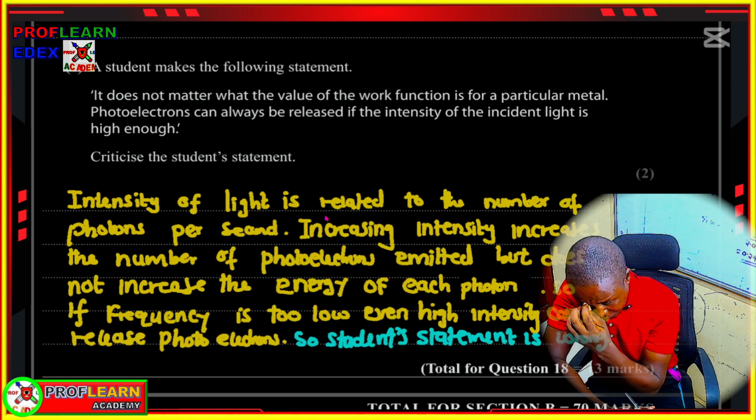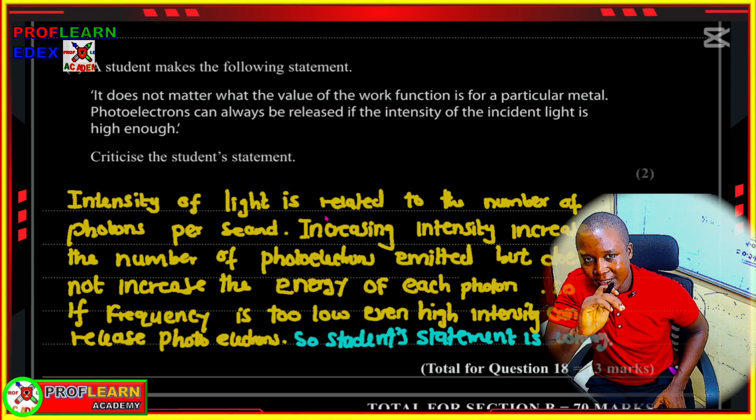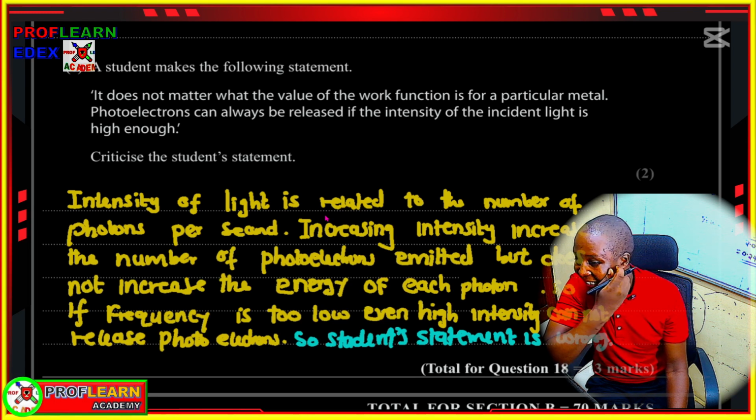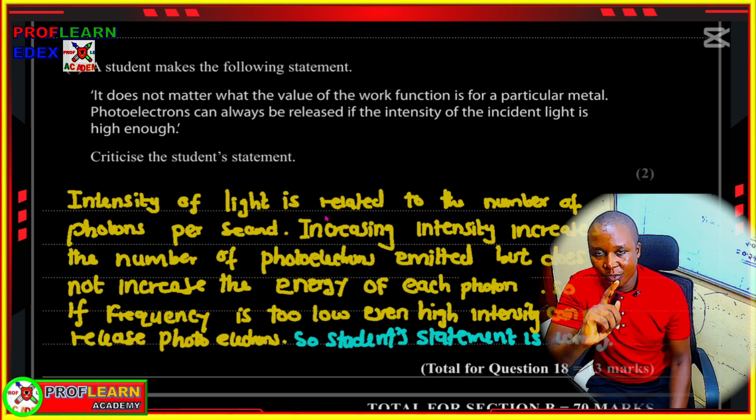So in that case, we are saying if the frequency is too low, let me just put it again. Intensity of light is related to the number of photons per second. Increasing intensity only increases the number of photoelectrons emitted, but it does not increase the energy of each photon.